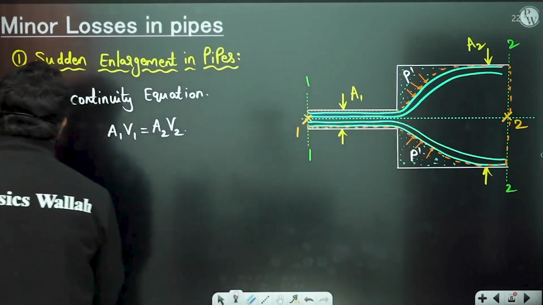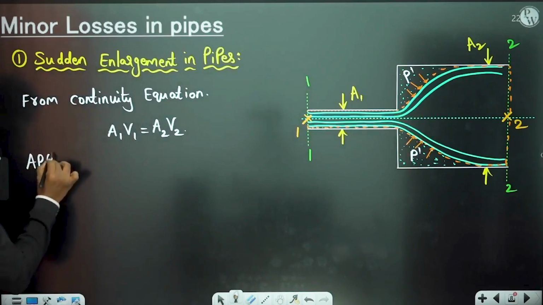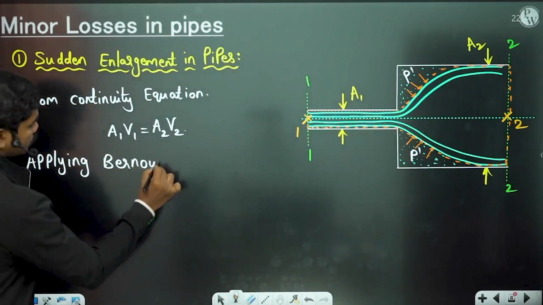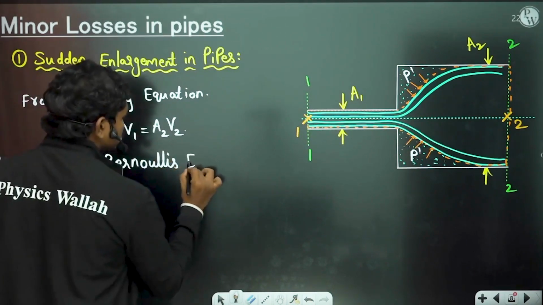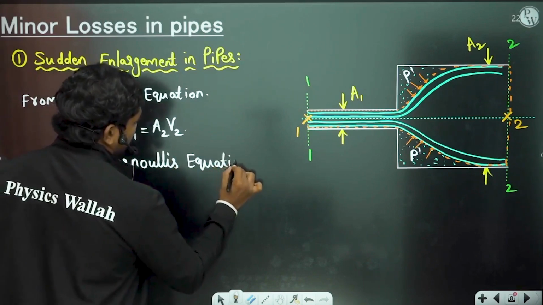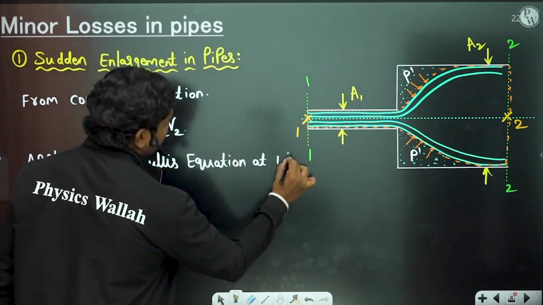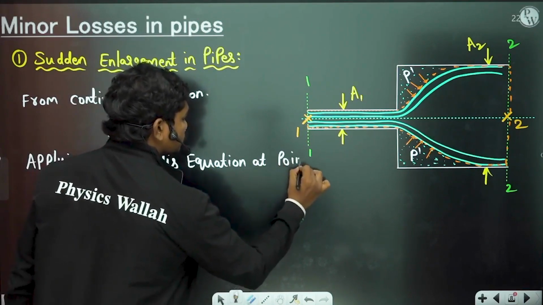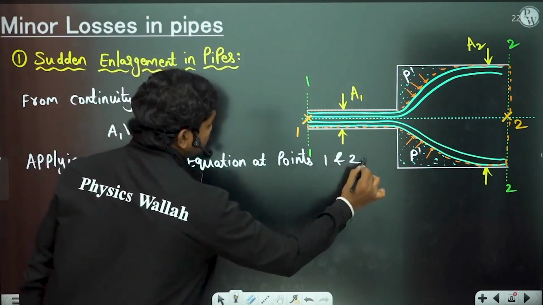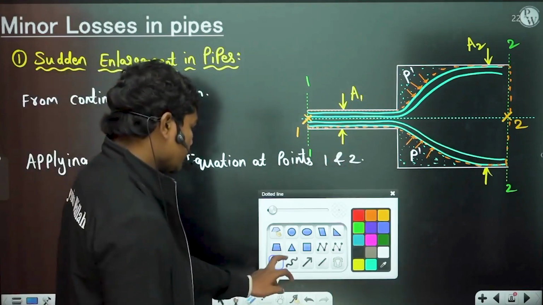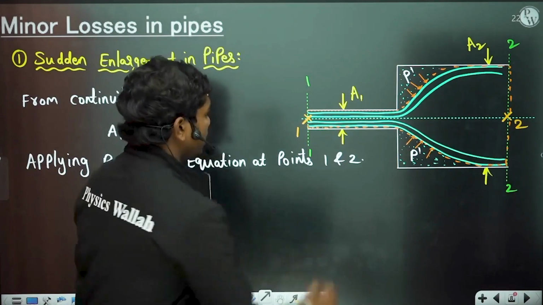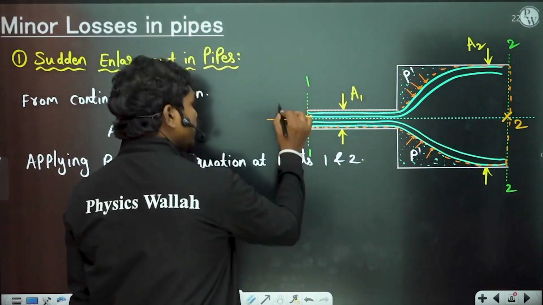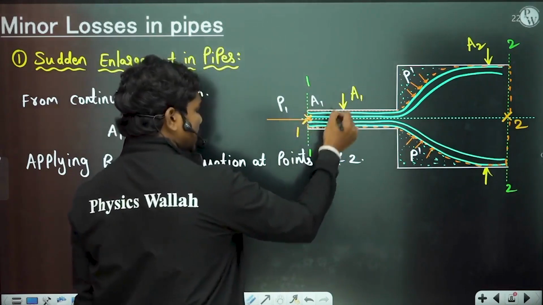Now if you want to calculate the loss that happened in this case, apply Bernoulli's equation at points 1 and 2. Let us suppose we have a pressure acting here, obviously, because if you cut the pipe, you have some pressure from the surrounding fluid which is P1, and the area is A1 as we have taken.